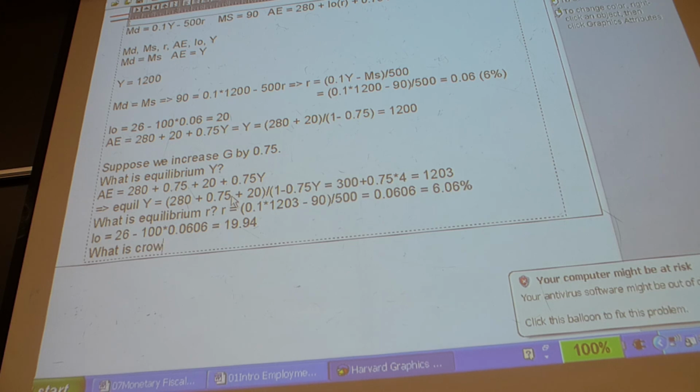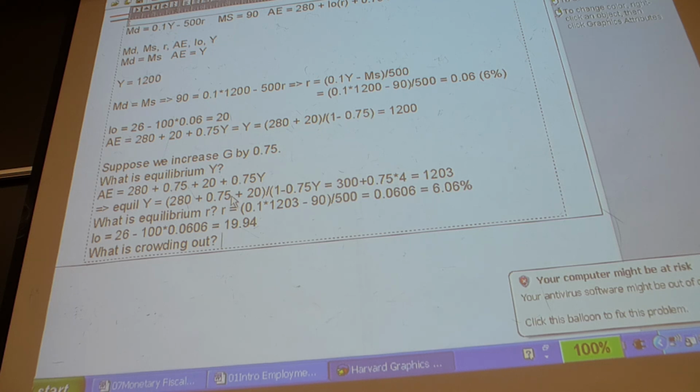What is crowding out? Whatever it is, this can't be difficult, can it? Yes, Kyle. 0.06, right?